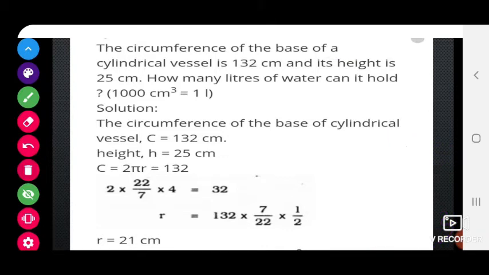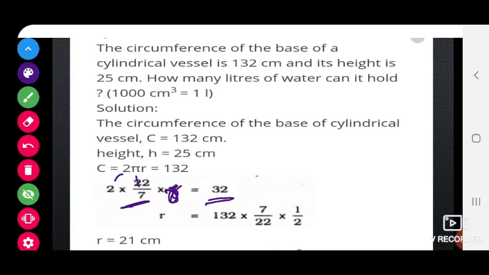Okay, now we will see the circumference of a base of a cylinder is 132. As we know, the circumference formula is 2 pi r. So, we can take 2 pi r is equal to 132. Now, 2 as it is, pi is 22 by 7, into r. We don't know r, just keep it like that only. Now, we want r, so remaining all send to that side.